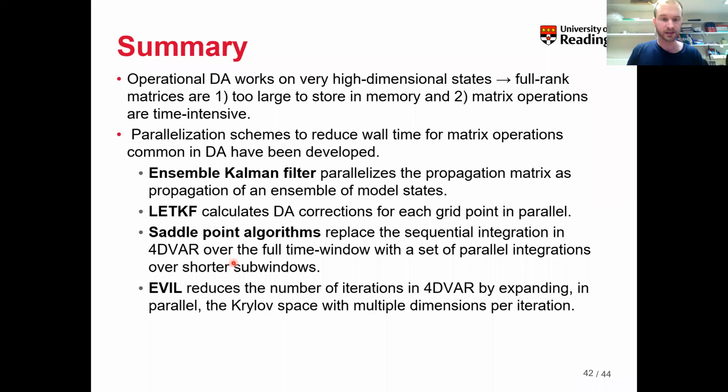So in the ensemble filter, the background covariance B is approximated from a limited set of samples, and each of those samples can be propagated forward in time in parallel. In the LETKF, the DA correction is calculated separately for each model grid point, and that calculation can be carried out in parallel for each grid point.